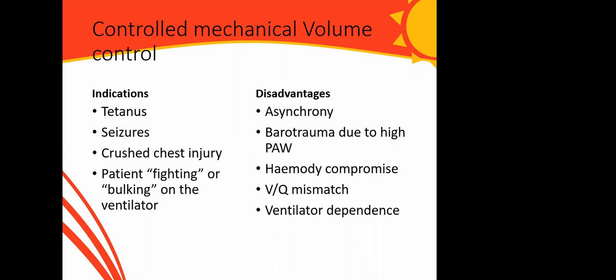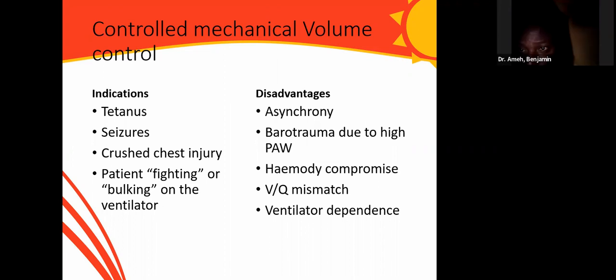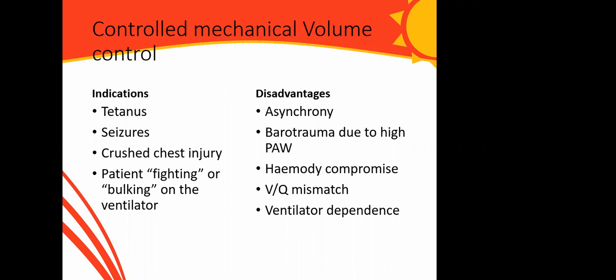You can have ventilation perfusion mismatch. And a lot of times, because the patient is not taking part in the breathing or the ventilatory exercise, you can have muscle atrophy, which could actually lead to ventilator dependence. And that is why commonly for patients who will require mechanical ventilation for a period of time, controlled mechanical ventilation is discouraged.